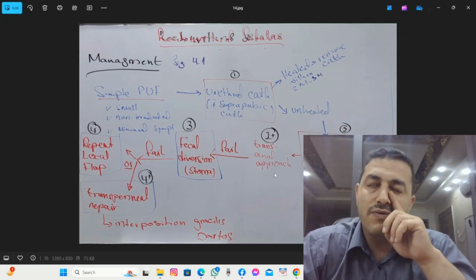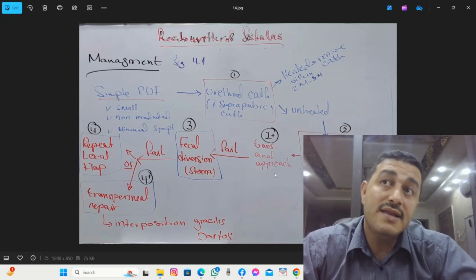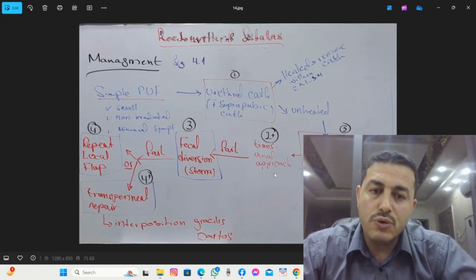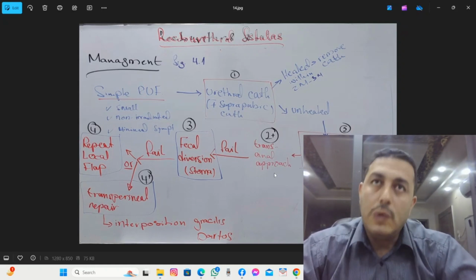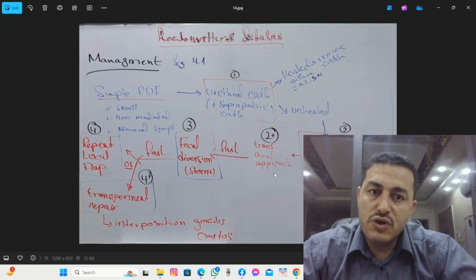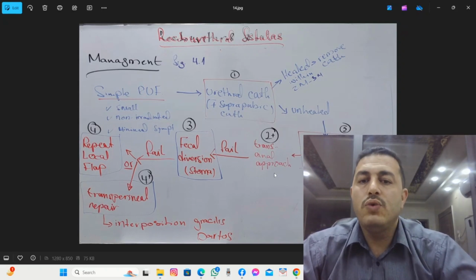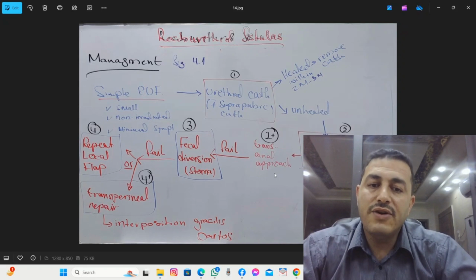We will see in the next few minutes that we have two approaches, the transanal and the transperineal approach. In simple fistula in which urinary diversion failed, we go to the transanal approach. If that failed, we move to fecal diversion.